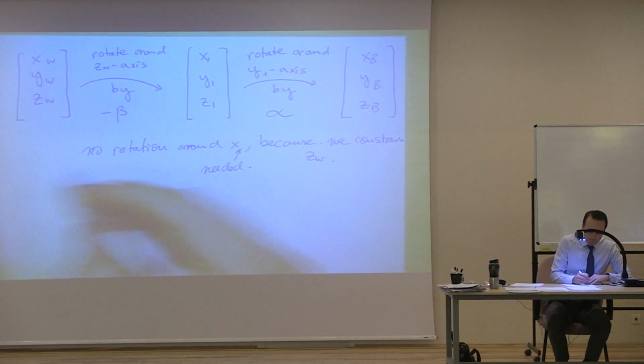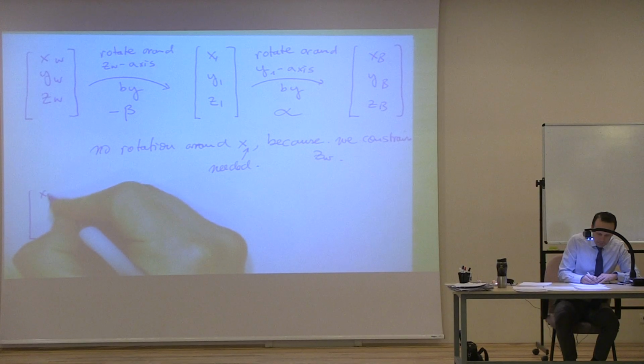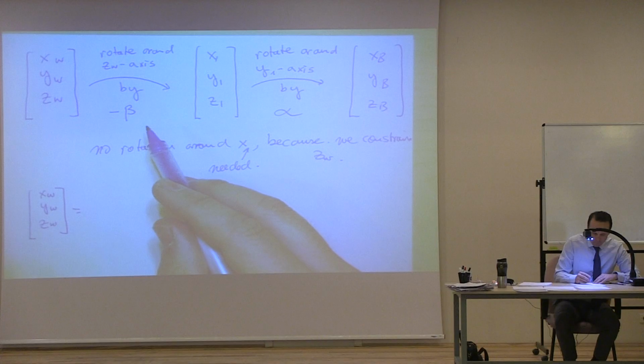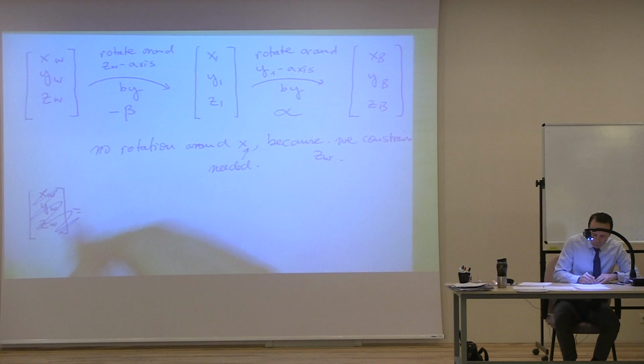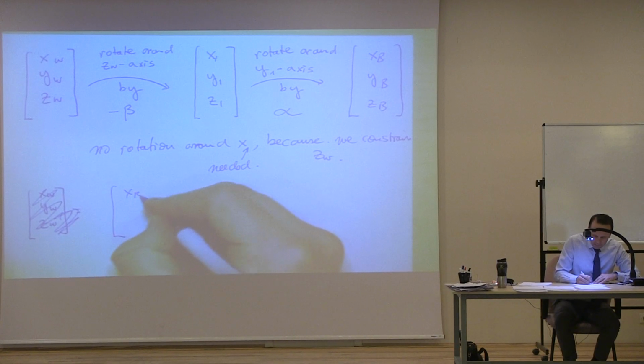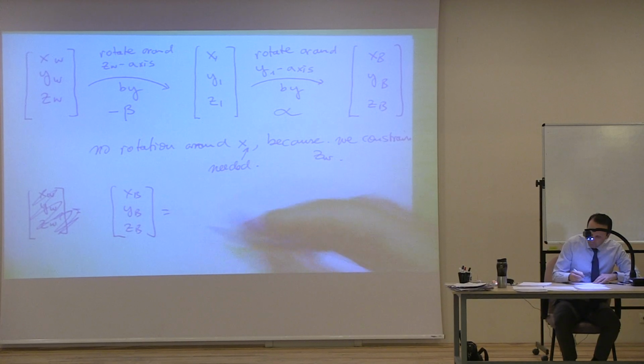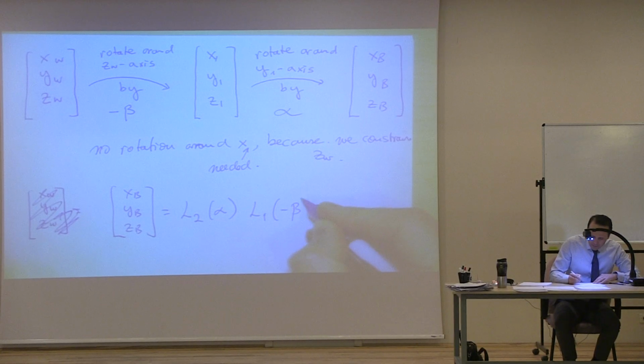So basically, then I can write it like this: XW, YW, ZW. It is 2 rotations. Okay? Rotation number 1 will be, no, I'm sorry, go the opposite way. X body, Y body, Z body is equal to L2 alpha, it's a rotation in Y, L1 minus beta, that would be this one, and XW, YW, and ZW.